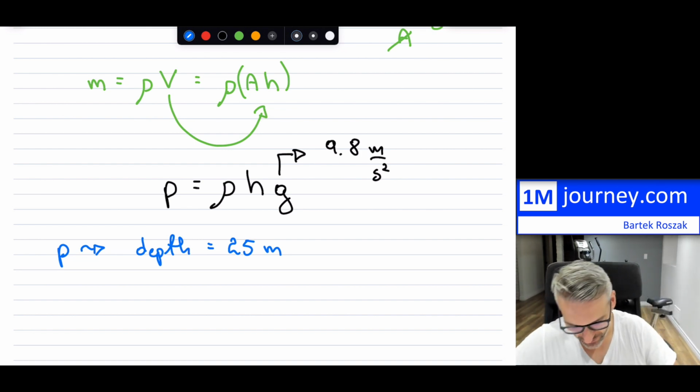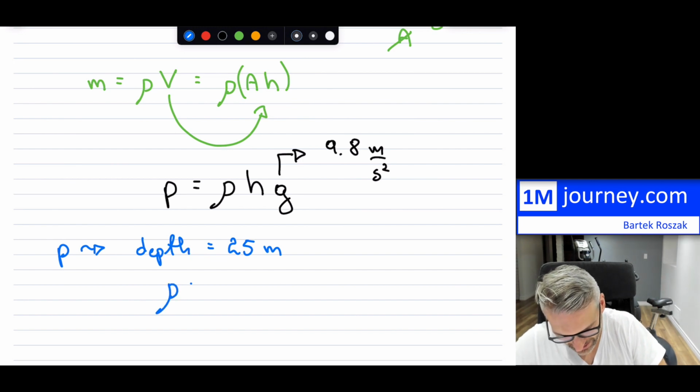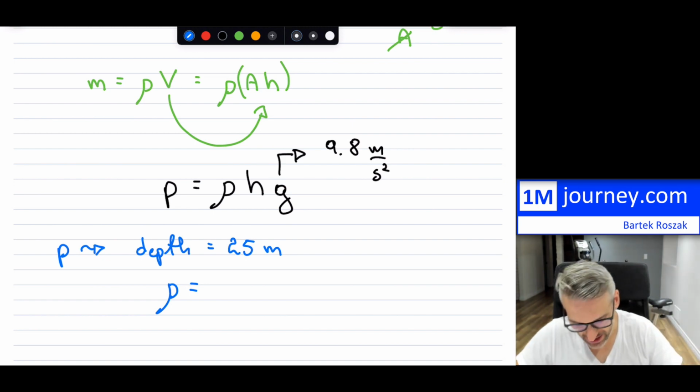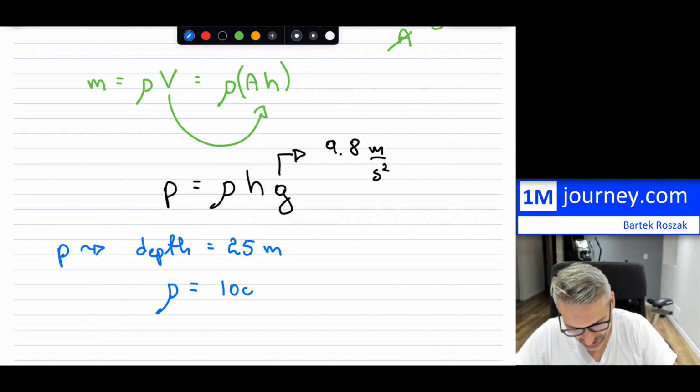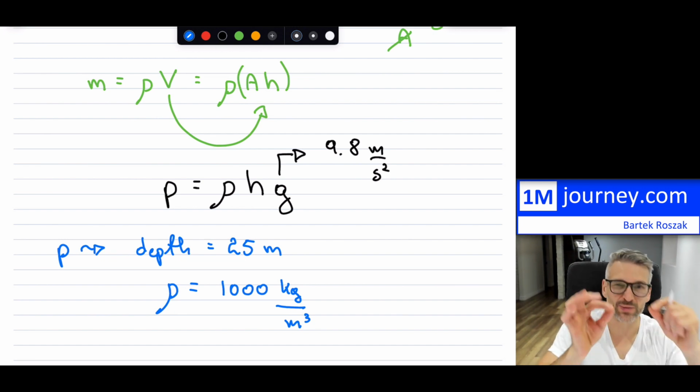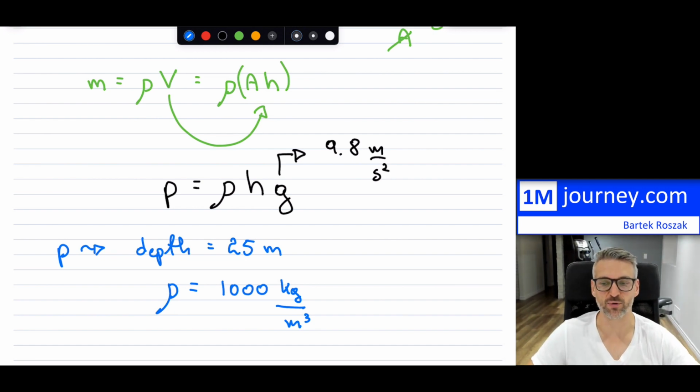So now what you would have to know is, okay, well, what's the density? Now, the density for water, more or less the average density that we know, is 1,000 kilograms per meter cubed. Now, this is more or less around 4 degrees Celsius, but we can assume that it's ever so slightly somewhere around there.